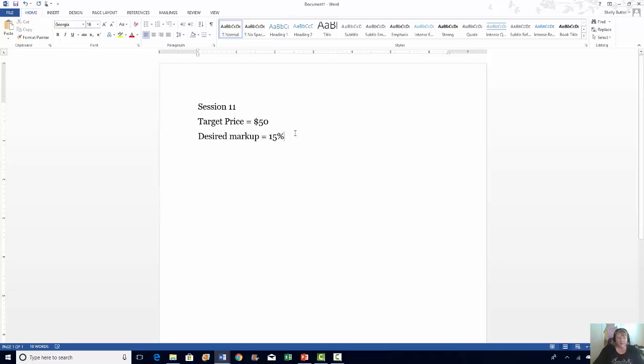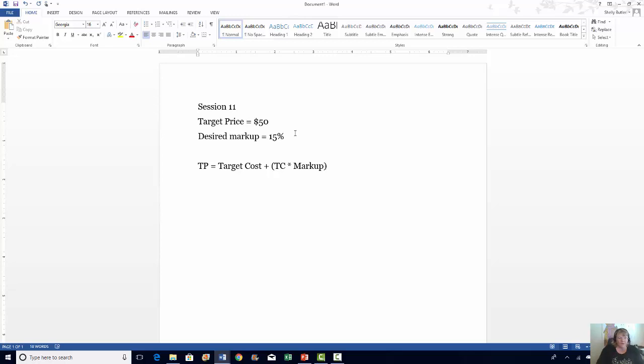So our target price equals target cost plus our target cost multiplied by the markup percent.